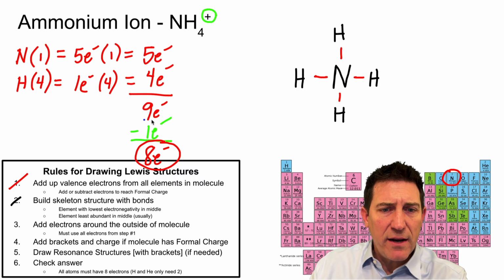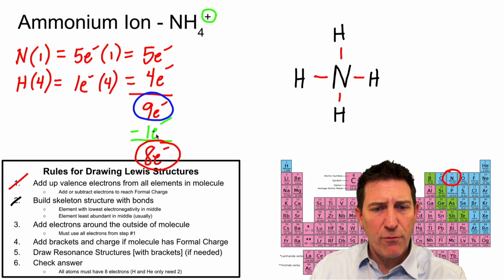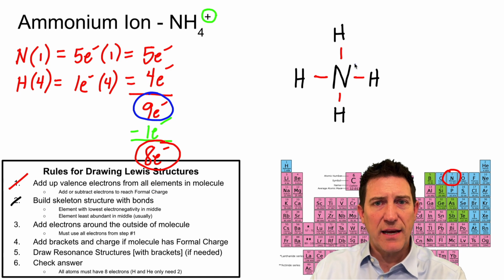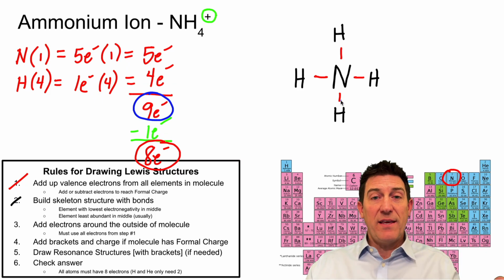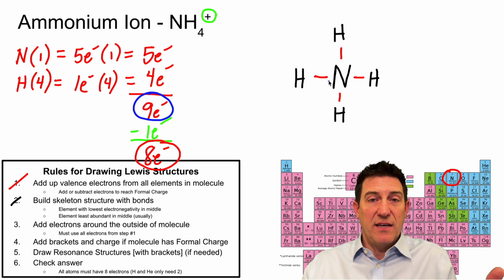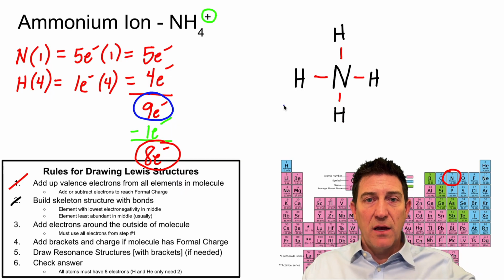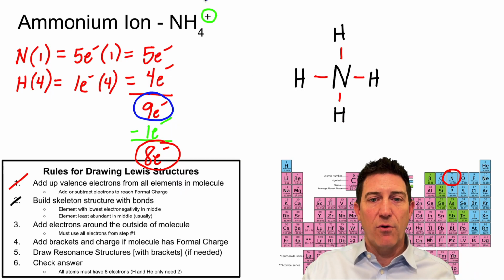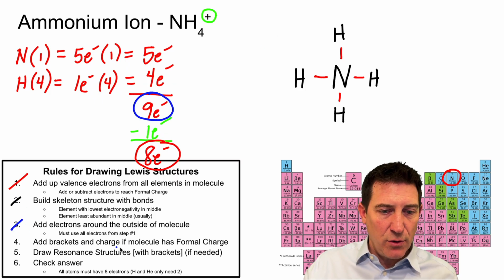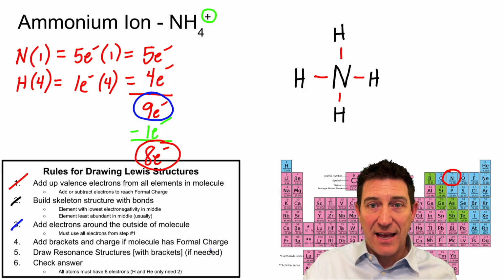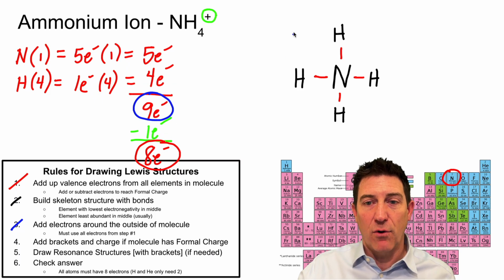So when we were right here with 9 electrons, if we would have stopped there, where would the other electron go? There's nowhere for it to live, and that's the point, right? When this thing formed, there was nowhere for one of the electrons to exist, so it just had to go somewhere else, which is why this now has an overall positive charge, which means we need to do number 4, add brackets and the charge if this has a formal charge.